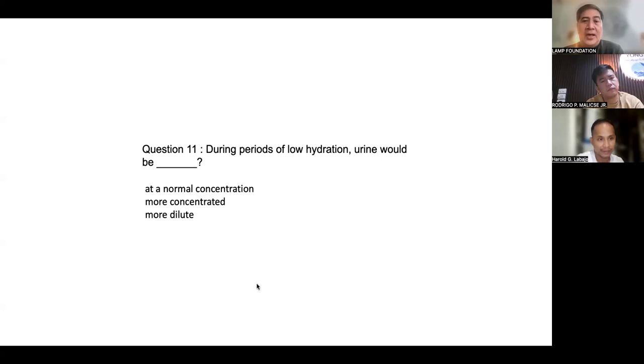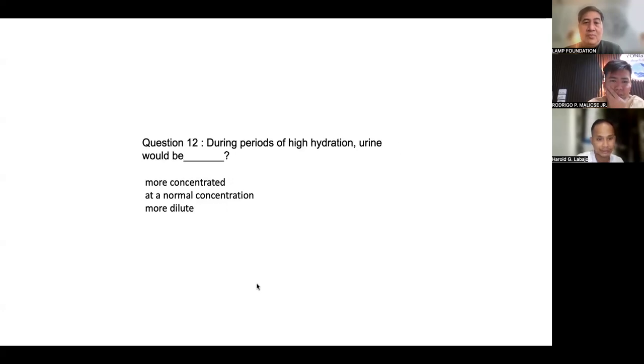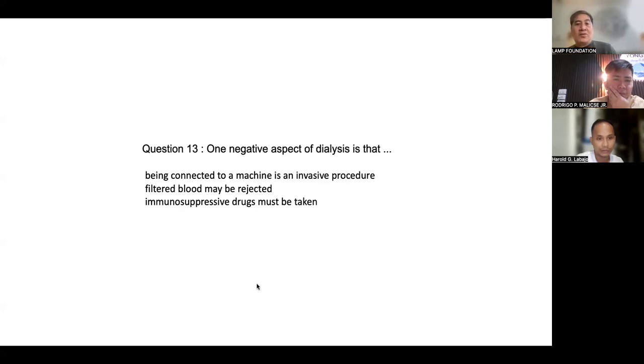During periods of low hydration, urine would be more concentrated. During periods of high hydration, urine would be more dilute. One negative aspect of dialysis is that being connected to a machine is an invasive procedure.